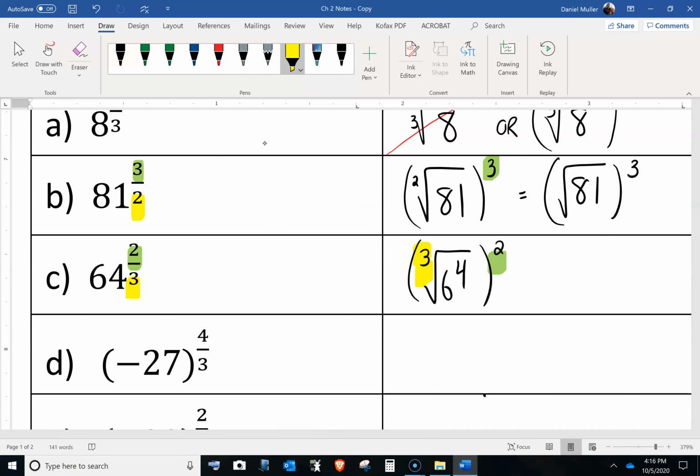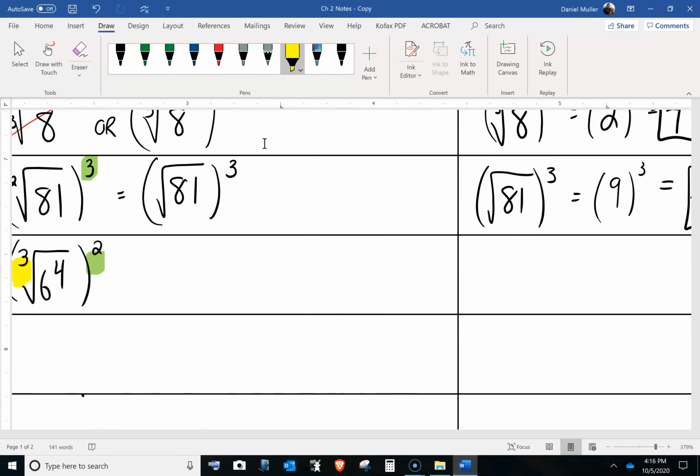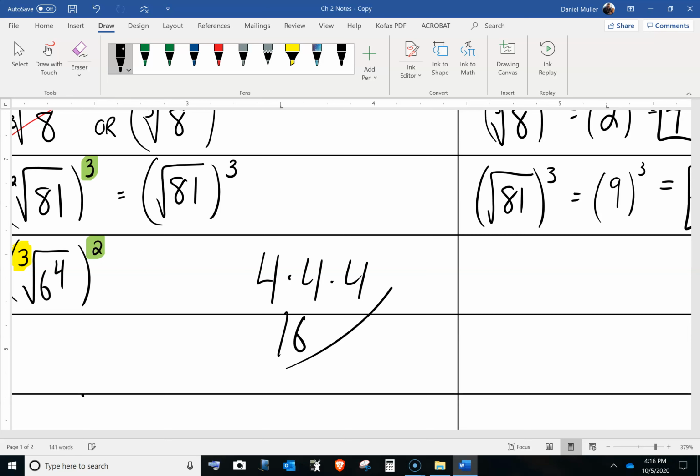Apparently I can't highlight though because everything's jumping around. Yep, that's impossible. So the cube root of 64. Now I just know this: what number times itself, three times, gets you 64? And that answer is 4. 4 times 4 is 16, and then times that by another 4, there's 40 and 24, which is 64.